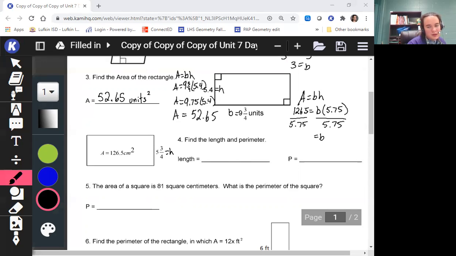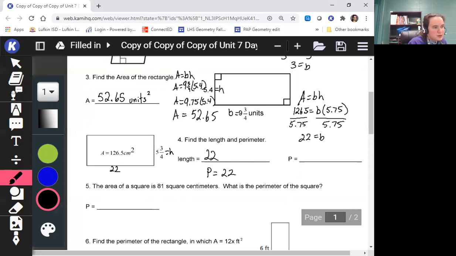So we've got 126.5 divided by 5.75 is 22. That is also our length. So then we're going to add up all of our sides to find our perimeter.